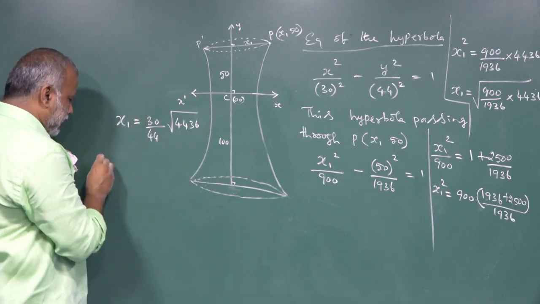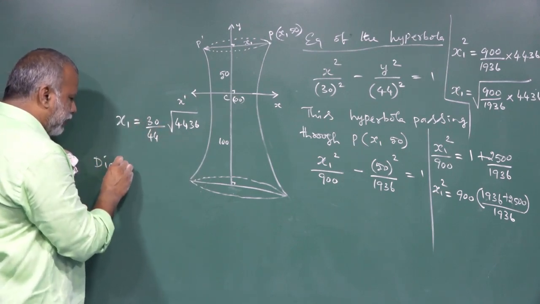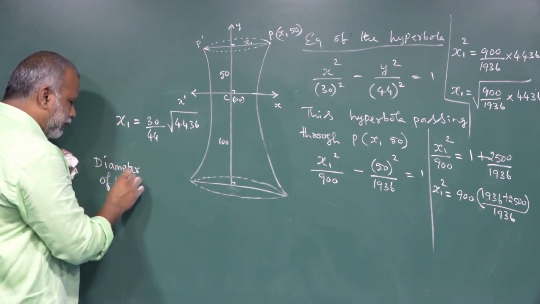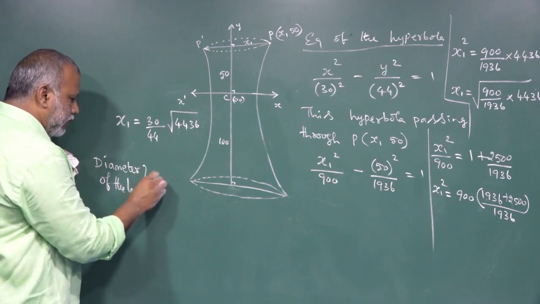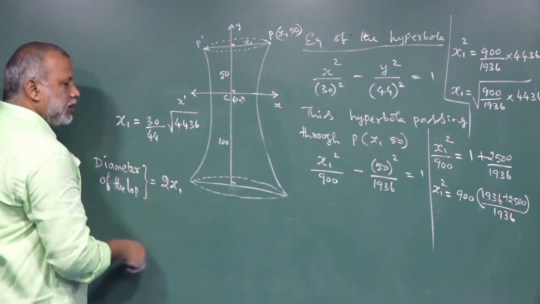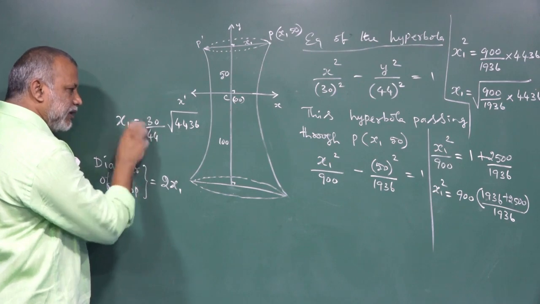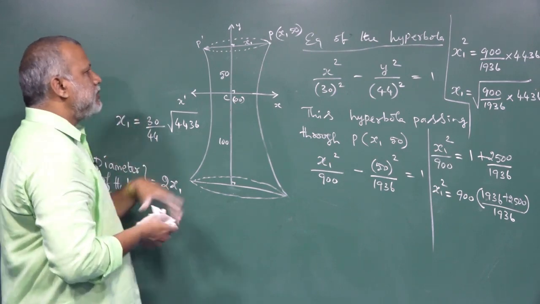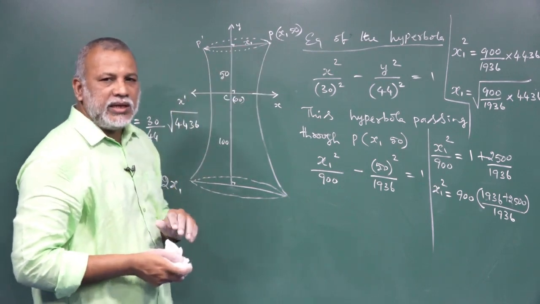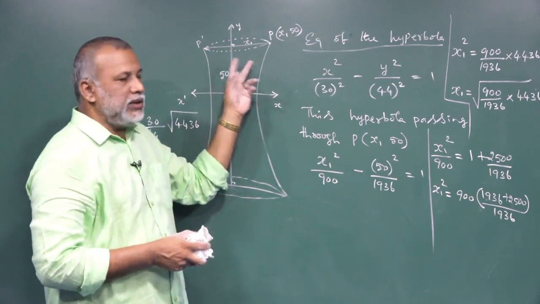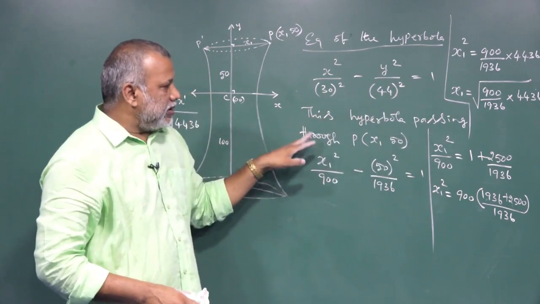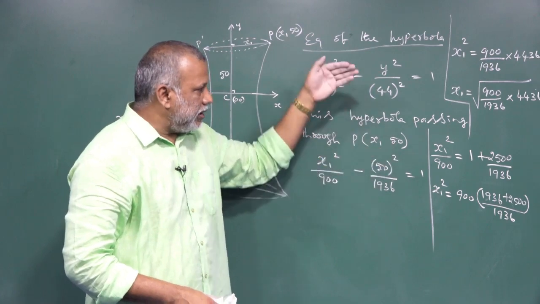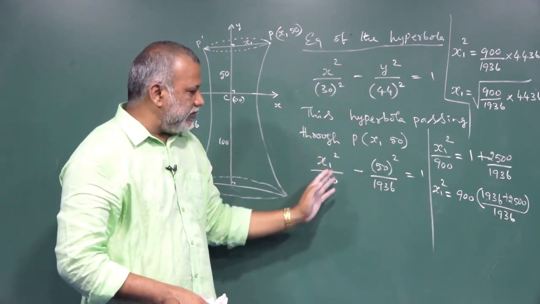We can get x1. Therefore, the diameter of the top is equal to 2 times x1. After finding the value of x1, we multiply by 2 because P dash is nothing but the diameter of the top. Now listen to these calculations. This hyperbola passes through the point P of (x1, 50). When a particular equation passes through a point, we can substitute.